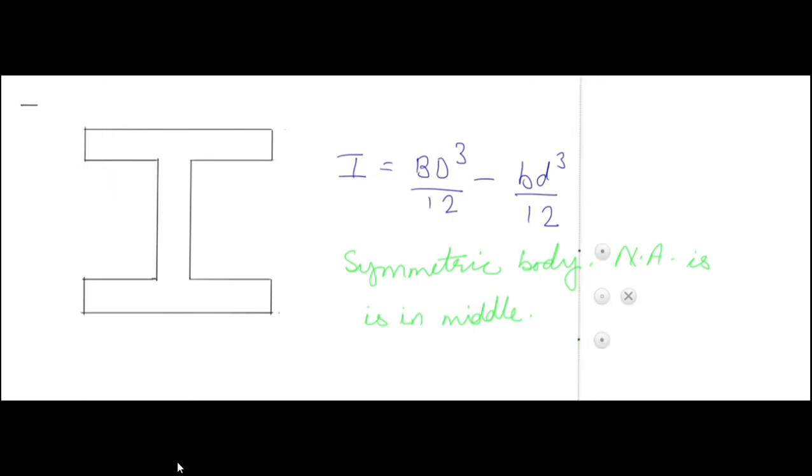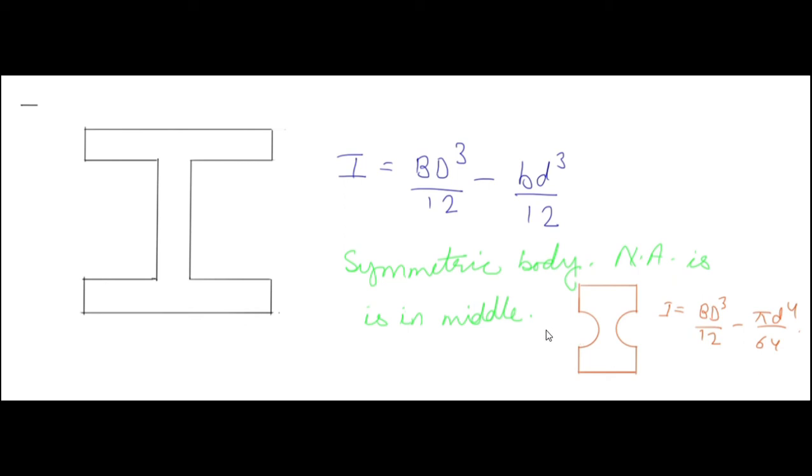Similarly, you can find the area moment of inertia of this. So the area moment of inertia of this figure will be BD cube by 12 minus pi d4 by 64, because these two half portions will constitute a circle, and due to symmetry the neutral axis will pass through the same centroid, whether it's a cut portion or uncut portion.